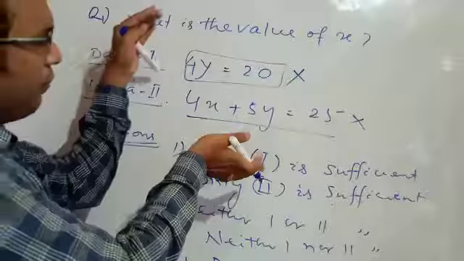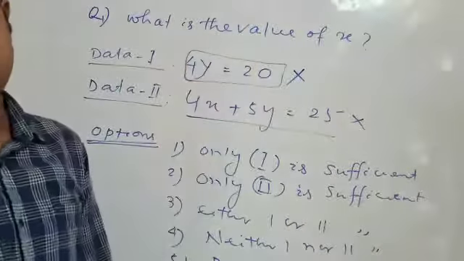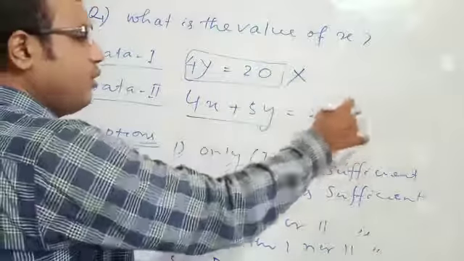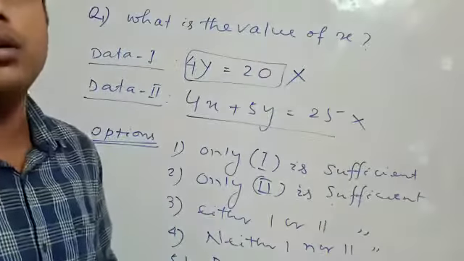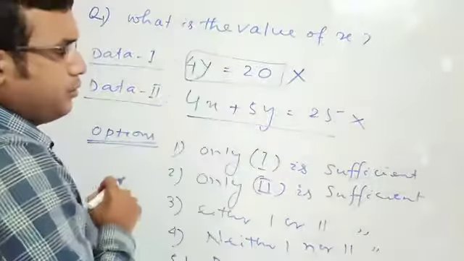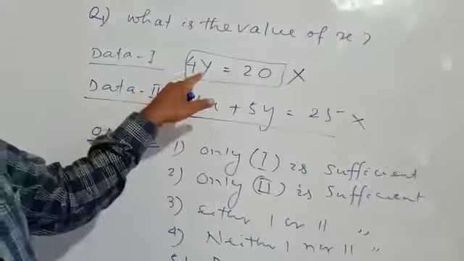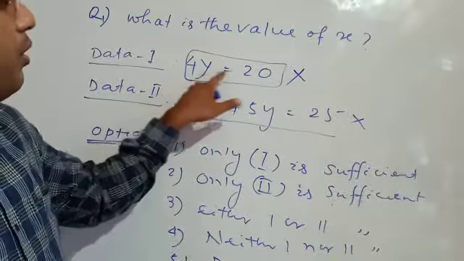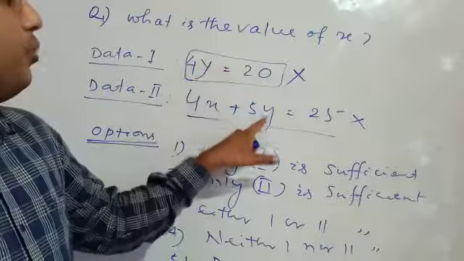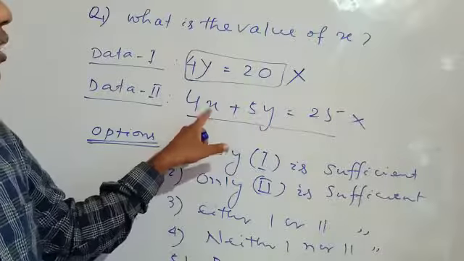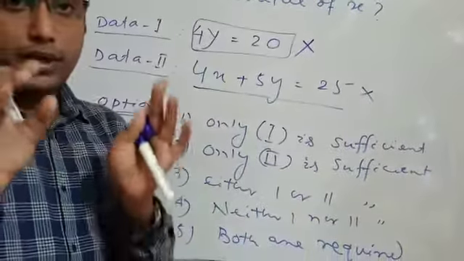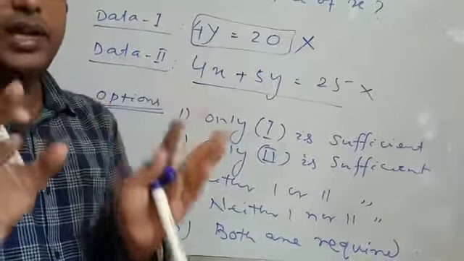Then if we combine, don't leave the question here. This is not sufficient, and this is not sufficient, but don't think that your answer is neither nor. That means now you combine. This is the analytical type of question.